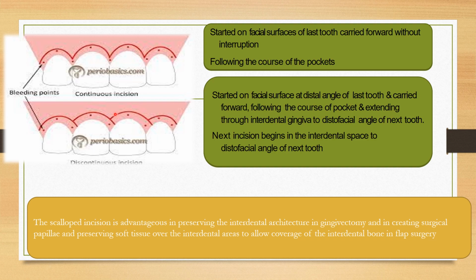The incision begins in the interdental space to the distofacial angle of the next tooth. Always this will be a scalloping type. That is why it is advantageous in preserving the interdental architecture in gingivectomy, in creating surgical papilla, and in preserving soft tissue over the interdental areas to allow coverage of interdental bone in flap surgery.